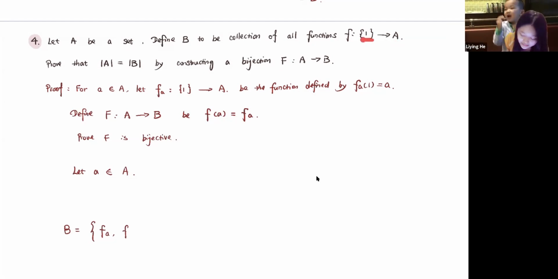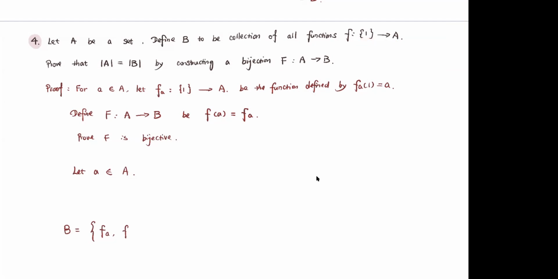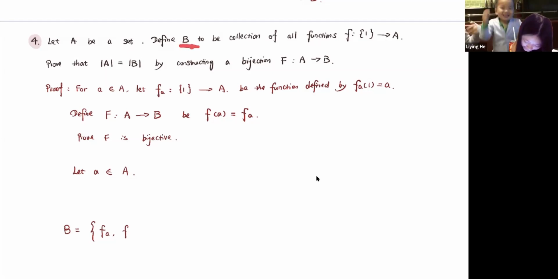So this B is a collection of functions, and I'm giving every single function a name. If it maps to a, I call it f of a. If it maps to b, I call it f of b. Does that make sense?